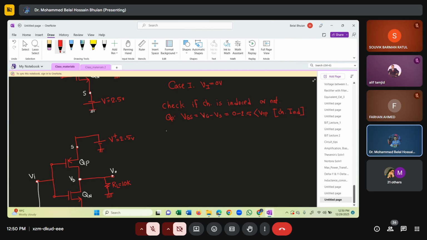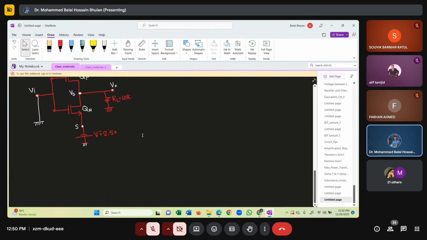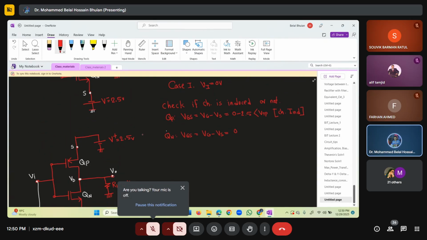We do the same thing for QN. VGS is VG minus VS. VG is again 0. What is VS? VS is equal to minus 2.5. So minus minus 2.5 gives 2.5.